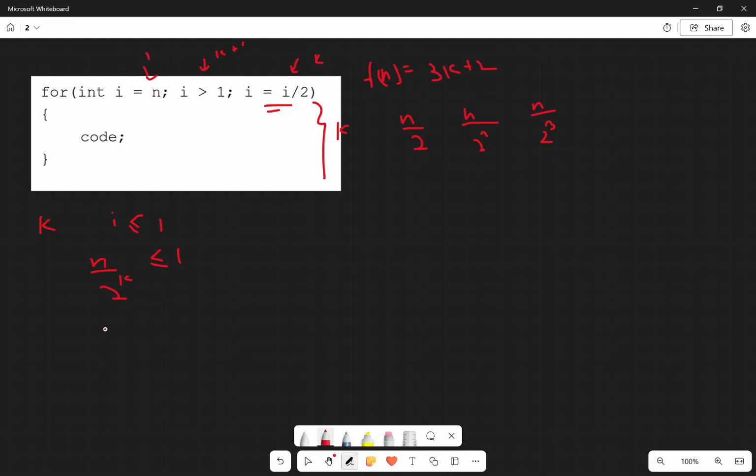So we can say n is less than or equal to 2 to the power of k. So I can say log base 2 of n has to be less than or equal to k. So k has to be greater than or equal to log base 2 of n. So again I can say k is equal to, this time it has to be, did I get it wrong?